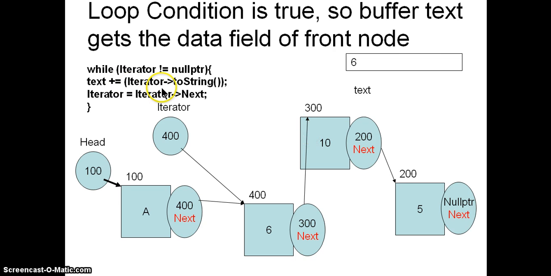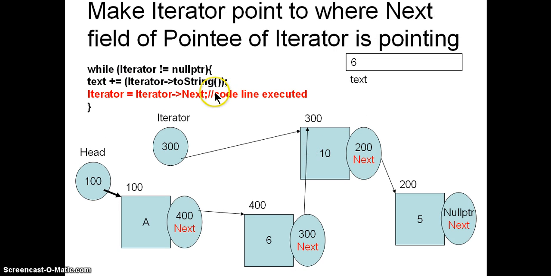If you perform this operation, which is in this code line, that means the 300 will be stored here into the iterator, and really that is simply saying, okay, make iterator point to this next node. Okay, so understand that when this line of code is executed, you are readjusting the pointer to go to the next node.